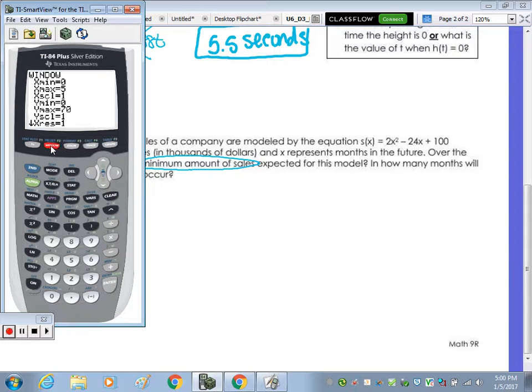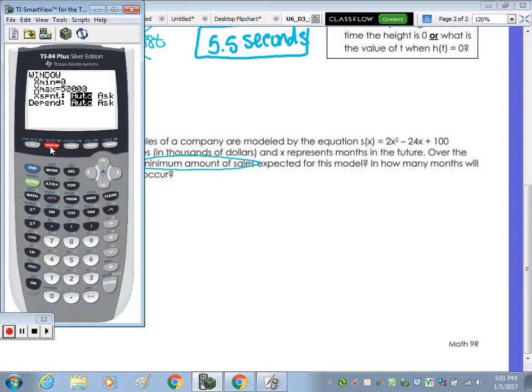So again, we're looking at sales, okay, for a company in thousands of dollars. So let's change the, say, to 50,000, graph. Oh, we can't even see any of it. And that's because our sales is our y-axis.